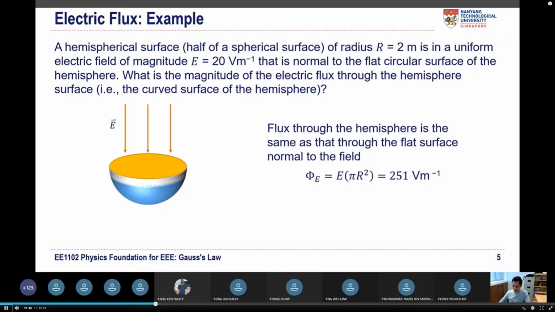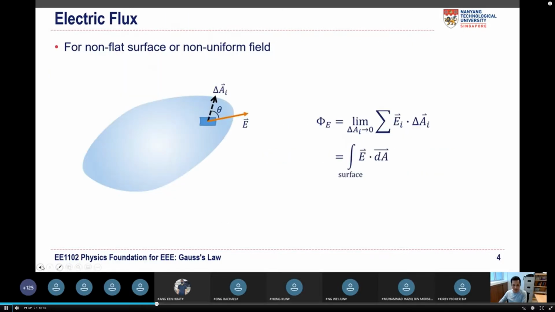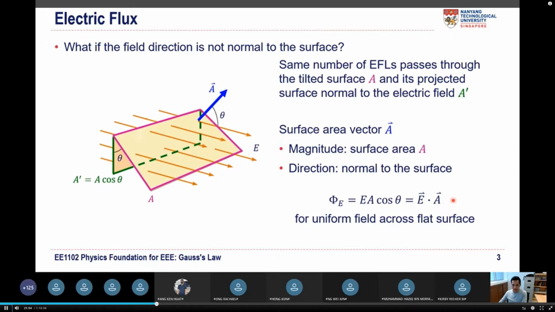Just adding another comment: the sign of the flux is going to depend on the direction of the electric field and the direction of the surface vector, right? If they are pointing in the same direction, that will be positive.